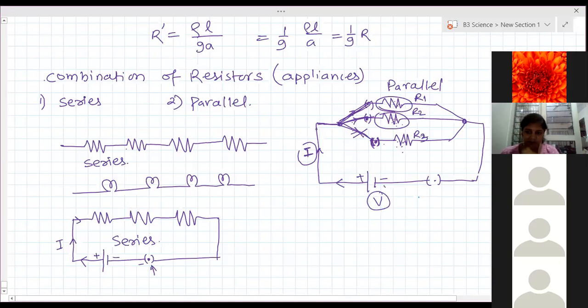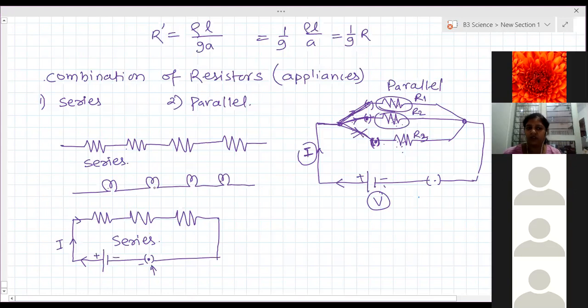Ma'am, I have a question. In a series of bulbs, is each bulb connected in series or in parallel? This is series. A series of bulbs is series only.